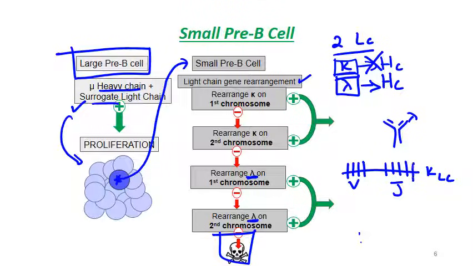It will keep rearranging. So let's say we had V1 bound to J1, and that was not functional. It'll go back to that same first chromosome and try to make another. So now we're at V3, J2 and V4, J4, and it'll just keep going back and back and back until it has run out of genetic material, until it's tried all of the combinations and it doesn't work anymore.